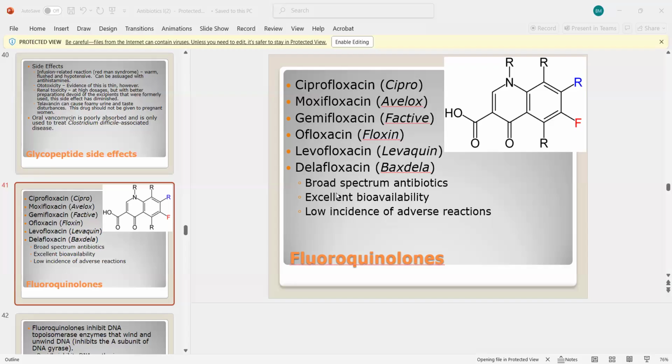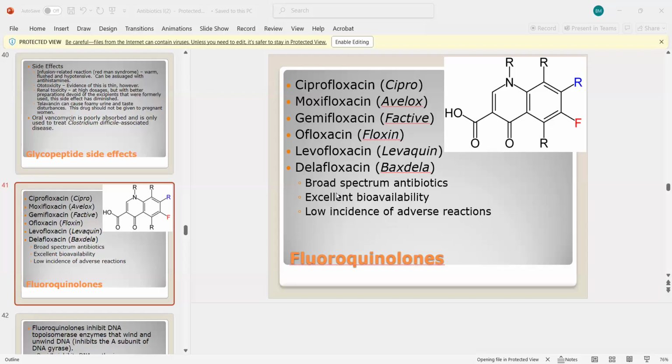The newer fluoroquinolones include gemifloxacin, levofloxacin, and moxifloxacin. These have improved effectiveness against gram-positive cocci, like Streptococcus pneumoniae.